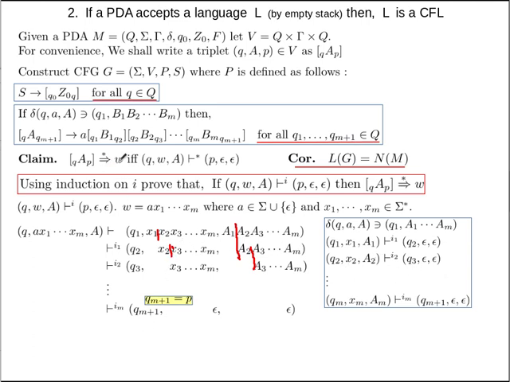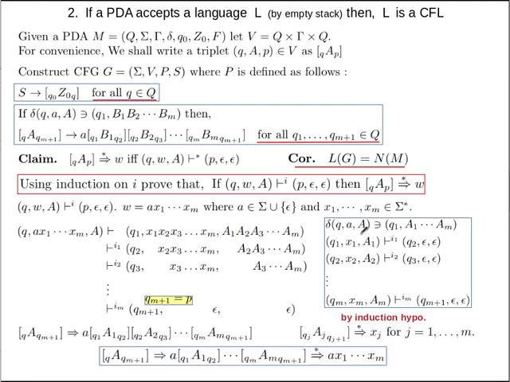Now we can employ this claim as an induction hypothesis, because as I said, these I1, I2, I3 are less than I. So what will we have from here? Starting from say Qj, we can go to Qj plus 1, where we are processing this Aj, and in this process we are generating this Xj, because that is what is consumed here.